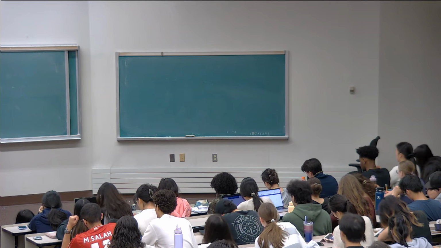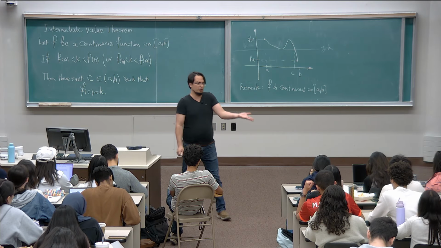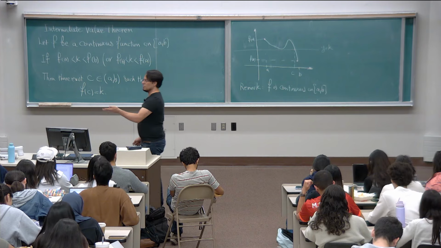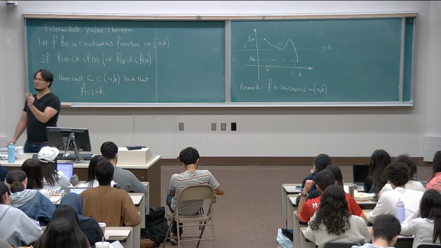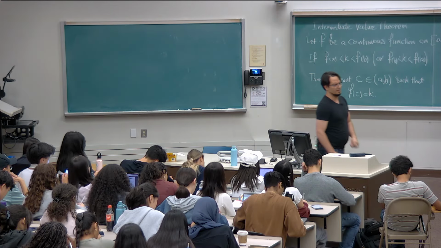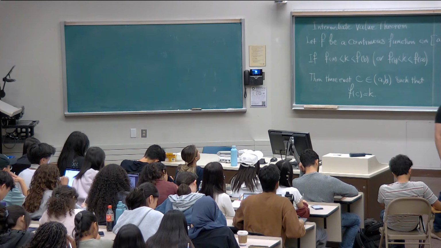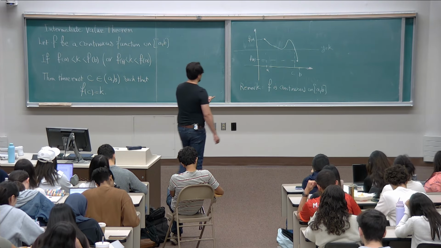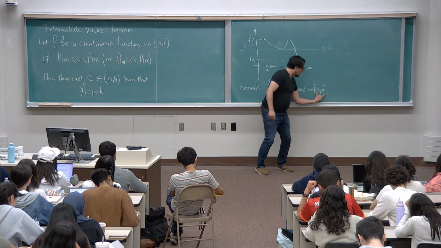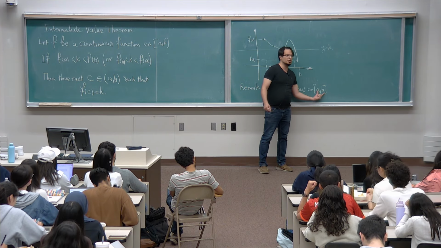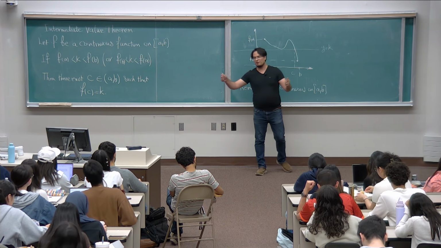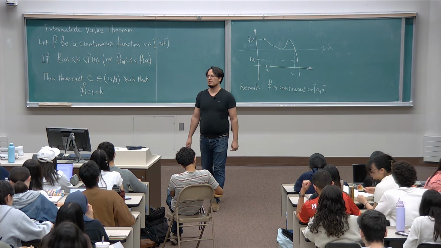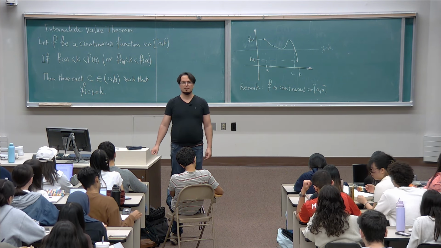Well, it seems clear, yes? At any given point, it is continuous. But there is a small problem with this statement. Can anyone say what the problem is if I just say that f is continuous at all the points from a to b, including a and b? Any ideas?